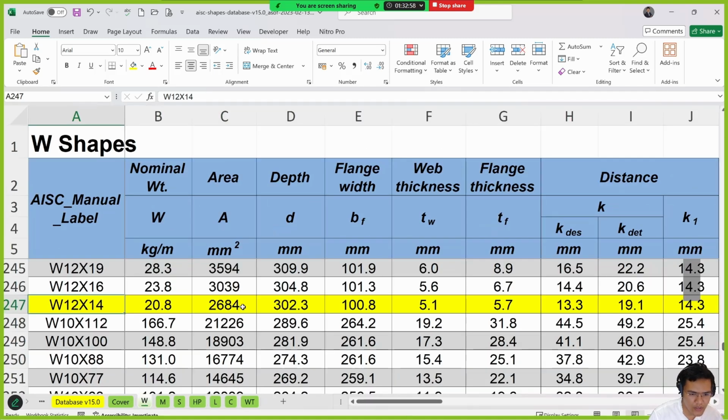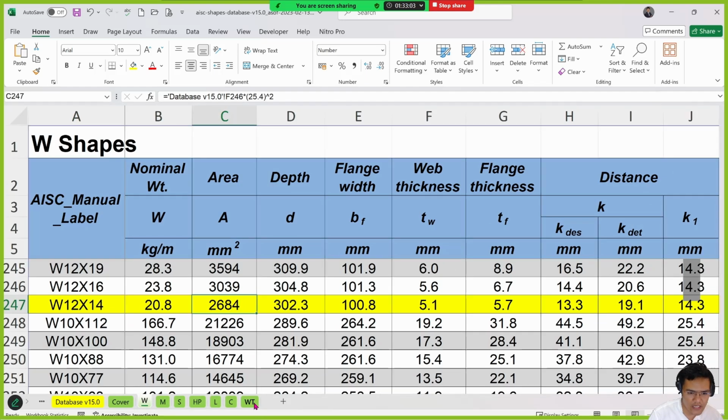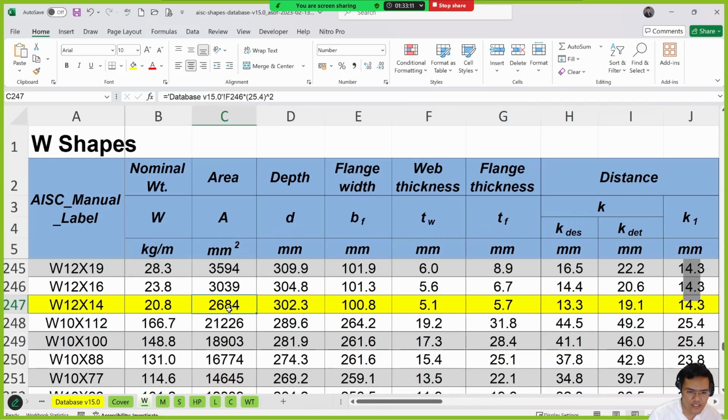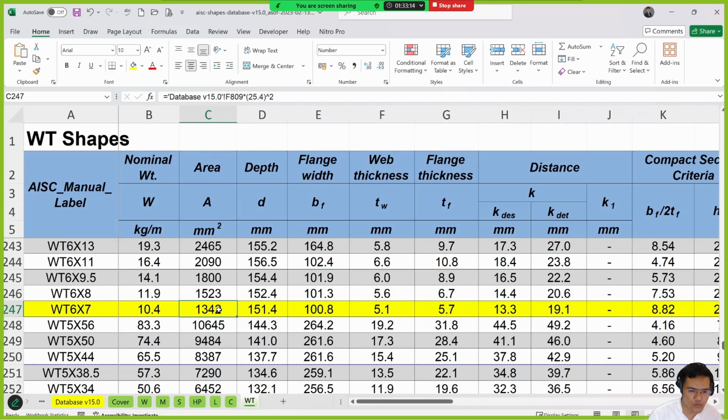For the W, the given area is 2684. Then for the WT it should be half. There, 1342. Is this half? Confirm. 2684 divided by 2 should be 1342. Yes, correct.